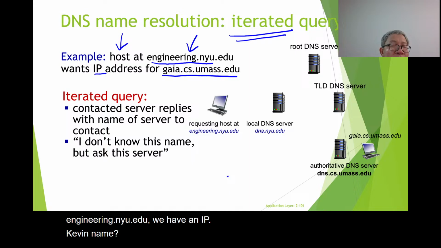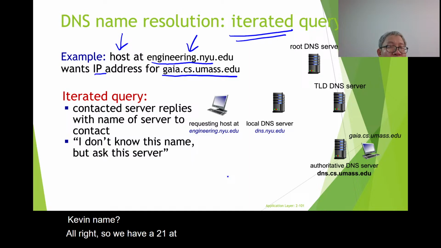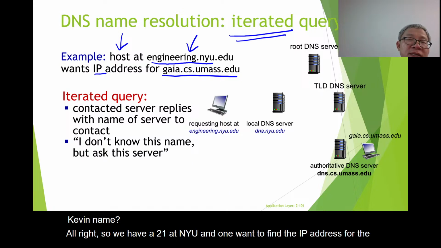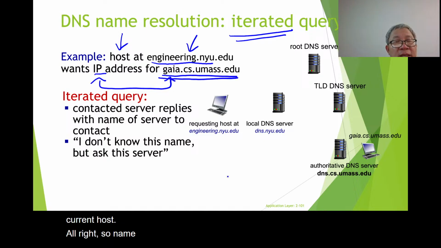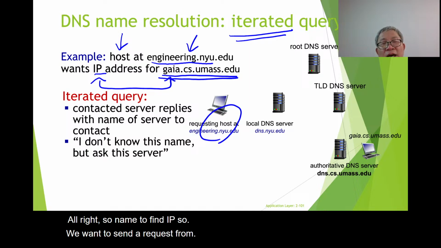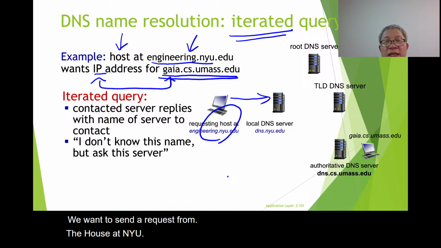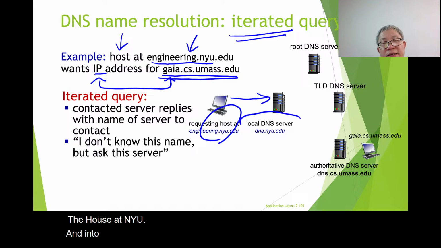So we have a host at NYU that wants to find the IP address for the current host. So, name to find IP. We want to send a request from the host at NYU to the local DNS server.